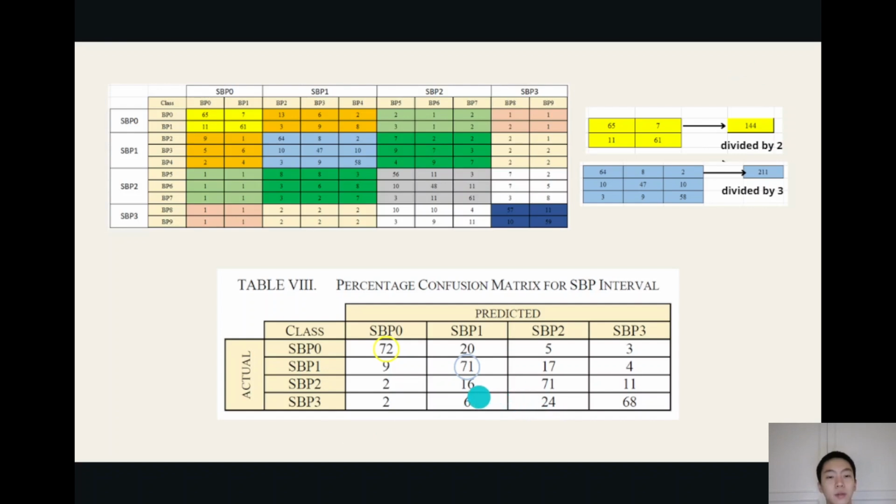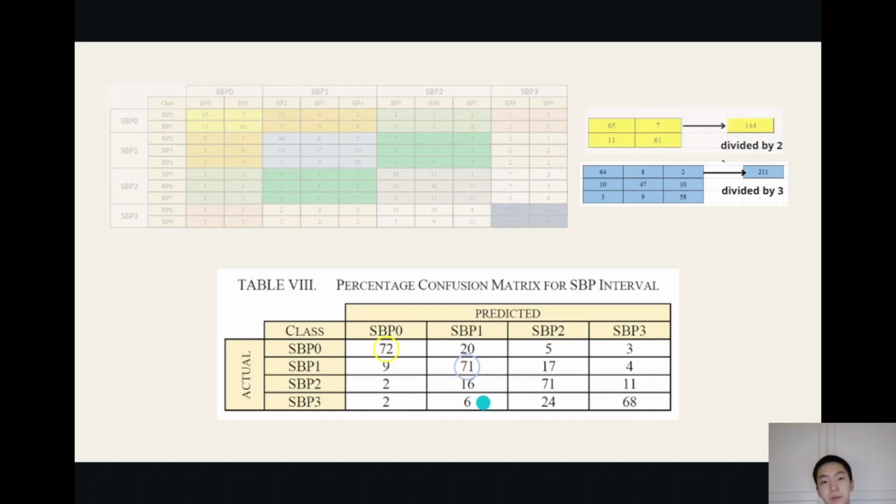Similarly, the 71% here for SBP1, we calculate by adding all the light blue boxes together, which gives us 211%. And since SBP1 includes 3 BP groups, we divide it by 3, giving us 71%.